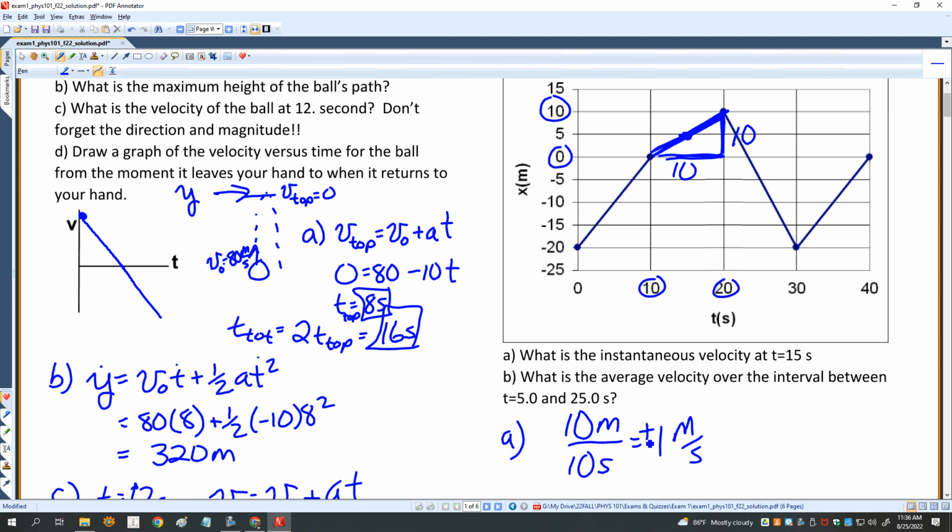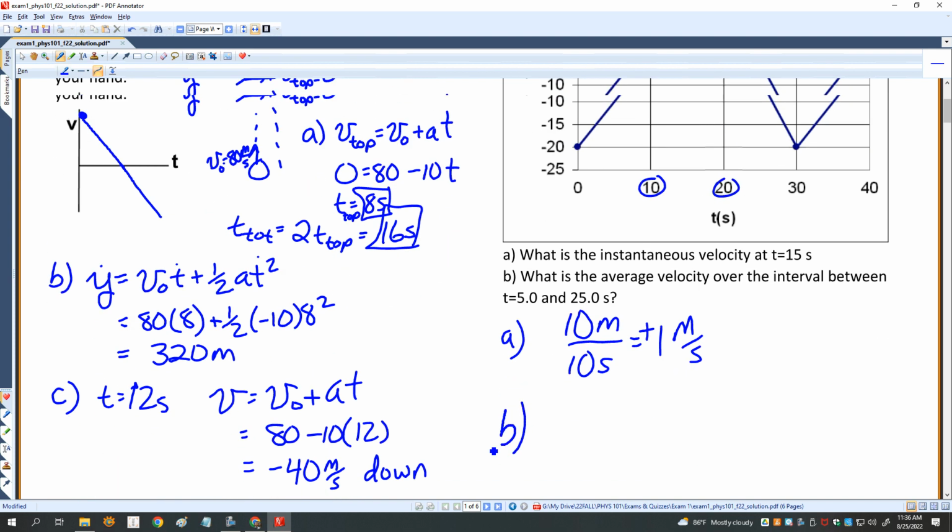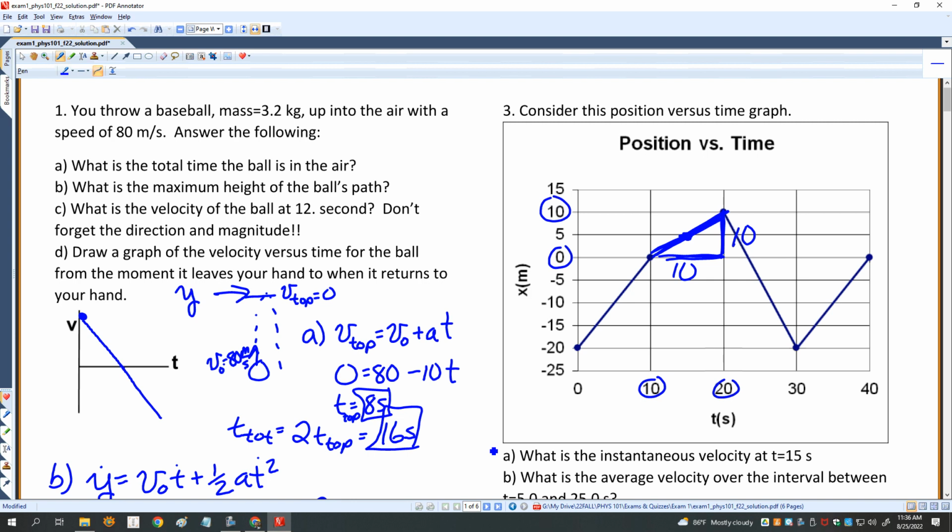And that is positive. And then I want to know what is the average velocity between t equals 5 and t equals 25. So t equals 5 is right here, and t equals 25 is right here. I can do this in a similar way where I'm finding the slope of this line, or you can do x final minus x initial, where this is x final and this is x initial.